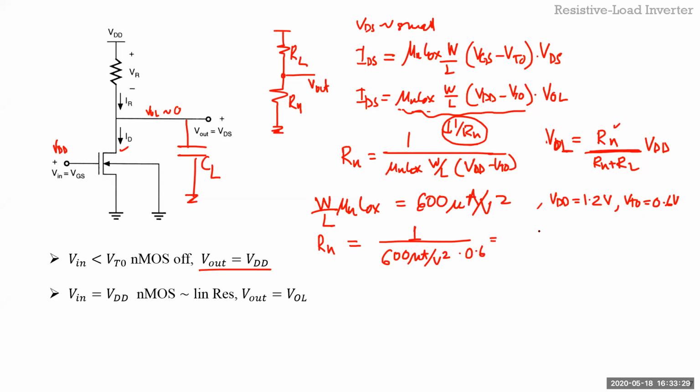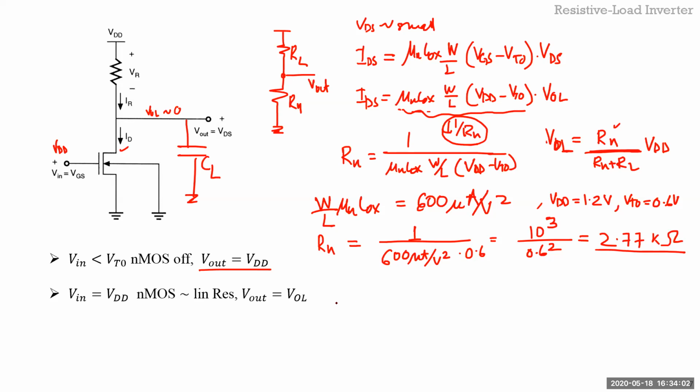So you can say this is 10 to the power 3 divided by 0.6 square, which is, let me just quickly calculate here. 0.6 square. 2.77 kilo ohms, right?